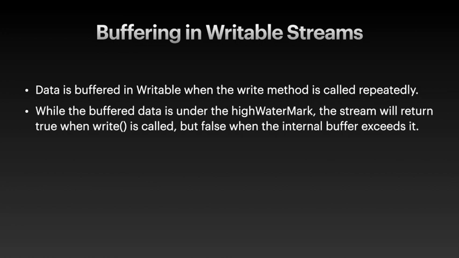When you call the write function repeatedly, the system does not just write immediately. It takes this data, queues it, and starts writing it. As long as the buffered data is under the high watermark threshold, calling write will return true, but it will return false once the threshold is reached. The next video is a perfect example to see this in action. Don't skip it. It's very important.